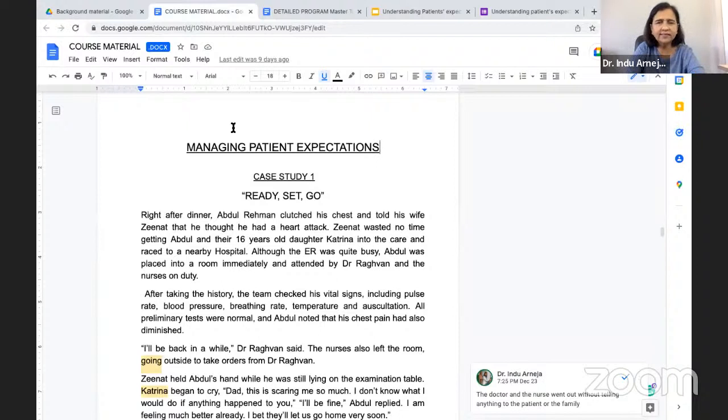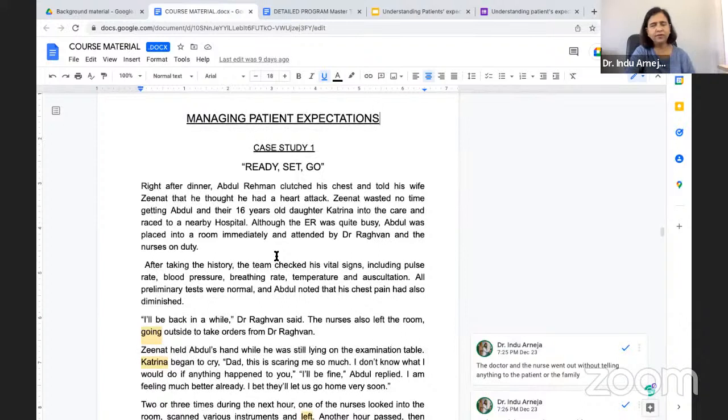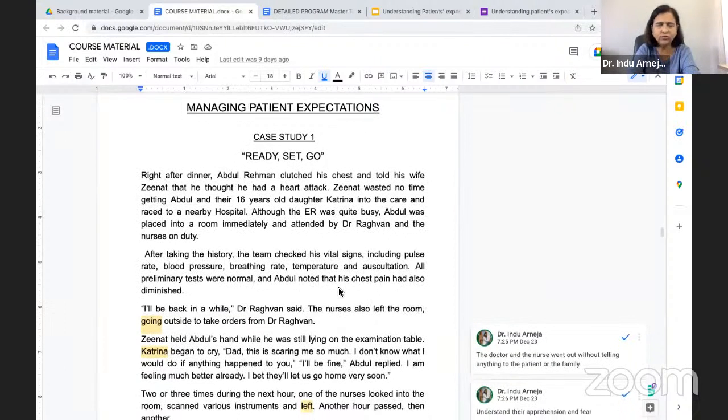So this is case study 1. Who would take the responsibility of reading? Shahrukh, will you do? Yes, ma'am. Okay, please go ahead so that everybody can. And in case you get tired, then you tell me and I'll request somebody else to read it for you. Yeah, please go ahead. Okay, ma'am.